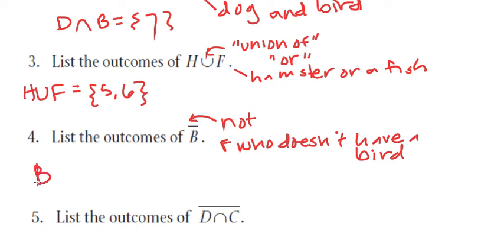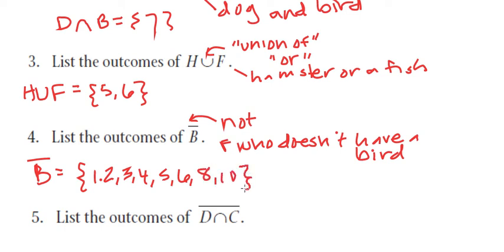So who doesn't have a bird here is going to be all the students without a bird. So that's every student except for 7 and 9. So that's 1, 2, 3, 4, 5, 6, 8, and 10. And those are the students who do not have a bird.